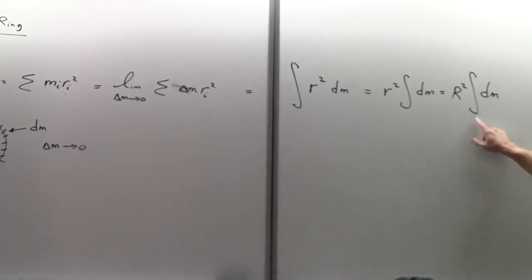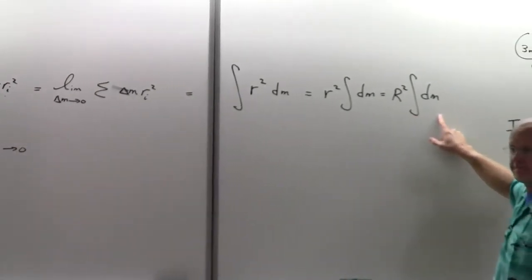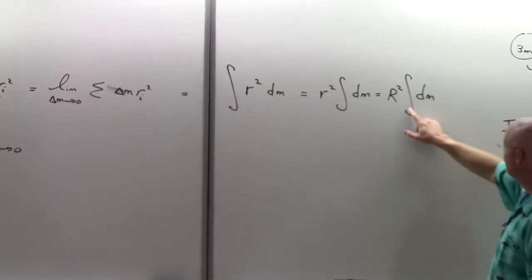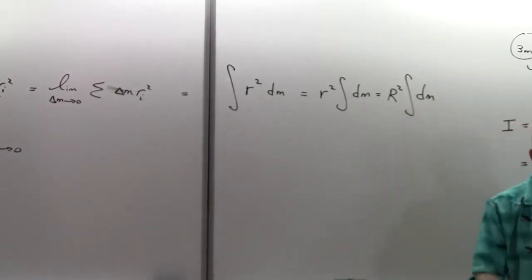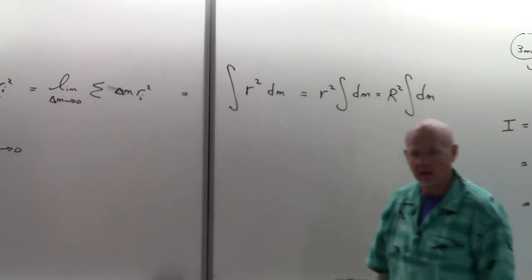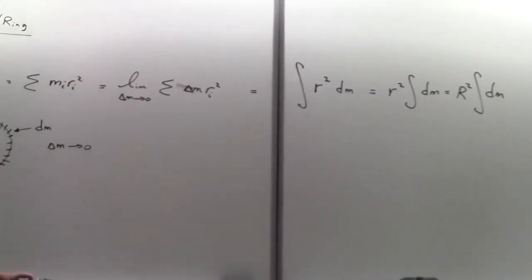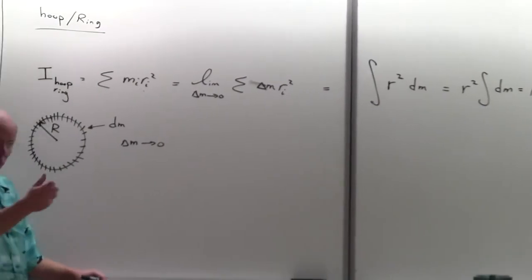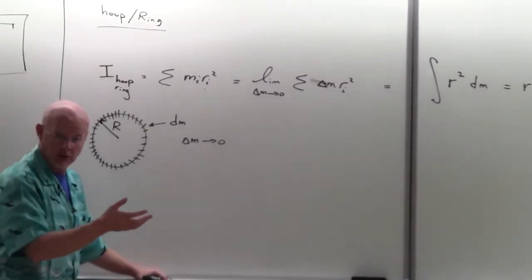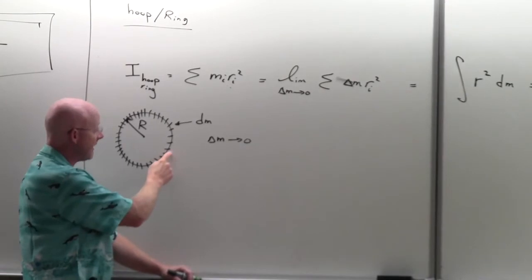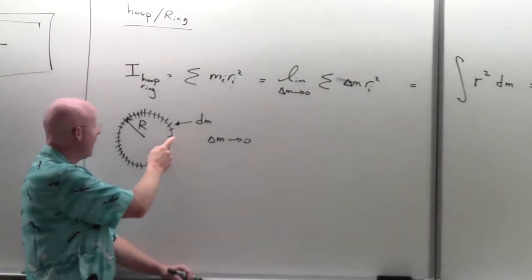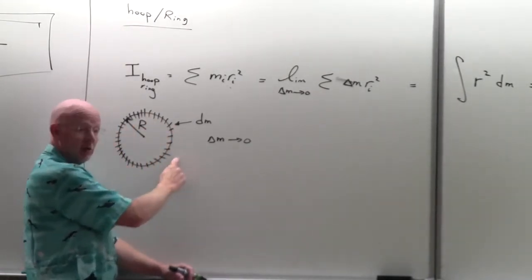Because what's this integral? Doesn't that just mean the sum of all the masses? So let's just read the mathematics as opposed to doing the mathematics. It is saying add up that chunk and that chunk and that chunk and that chunk. And if you were to add up all these chunks of masses, what would you get?